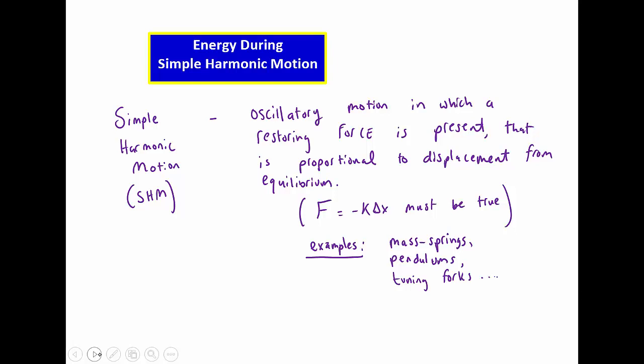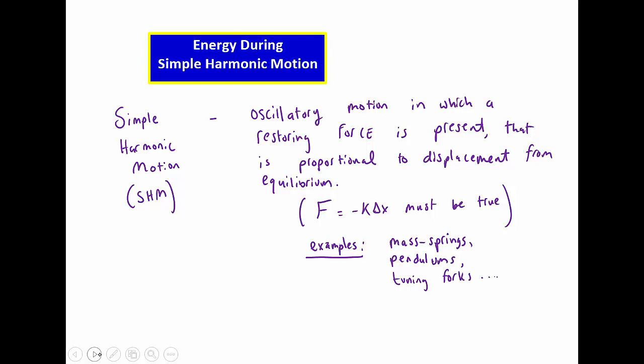As long as there's a force restoring an object's position to an equilibrium position, and the farther you have the object away from equilibrium the force increases in a directly proportional way, we have what's called simple harmonic motion.